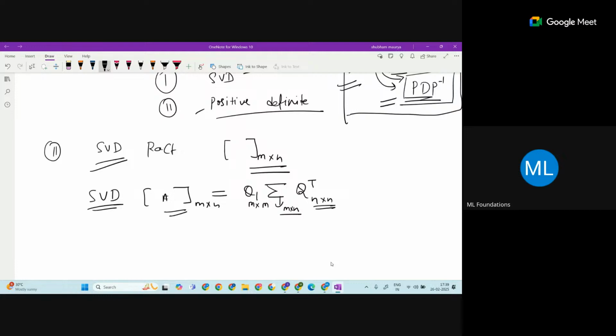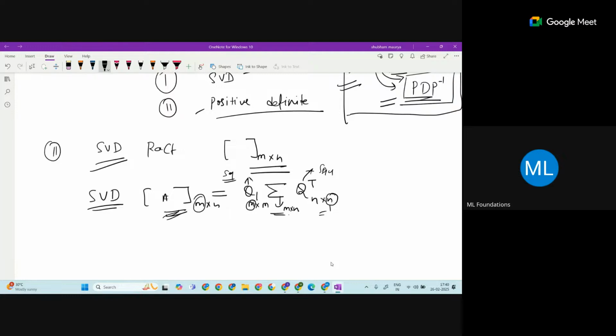You can easily remember this order. Q1 and Q2 are going to be square matrices. If you remember the multiplication of matrices, these two outer ones fix the order: using them you can easily tell the order of matrix Q1 and of matrix Q2, and the middle one has the same order as the matrix.